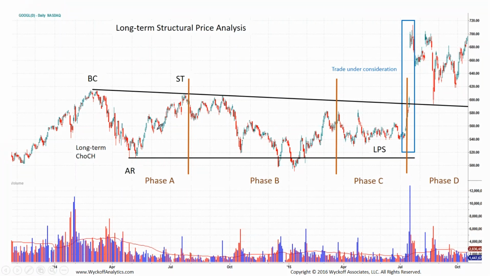Really quickly, labeling: we have a change of character here, so this is a climactic action, automatic reaction, secondary test, phase A. And then if you look at the whole structure, I was asked a question: why is this not a C? One of the things here is that we have to think in terms of the areas of the tests.